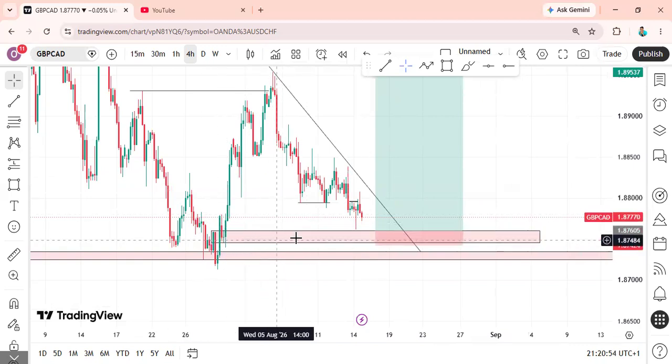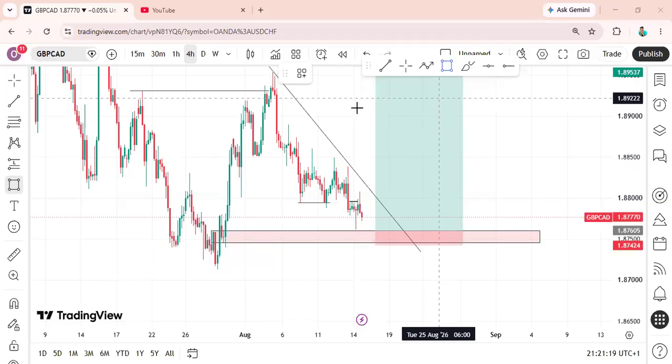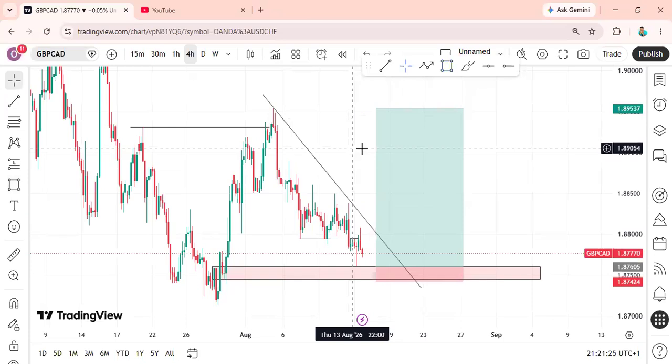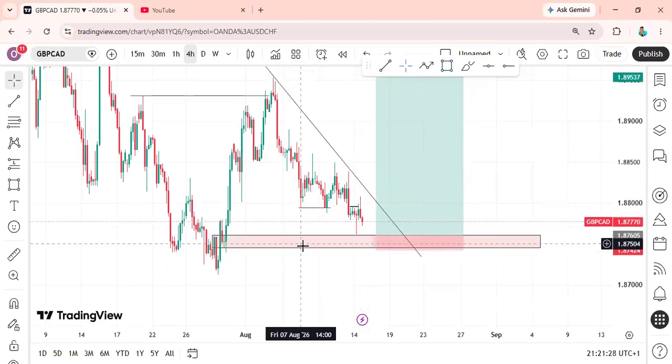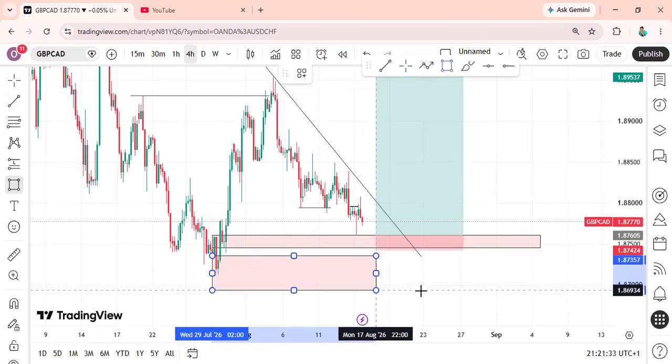But if eventually this demand zone didn't hold, we have another extreme demand zone here, below here, exactly here.